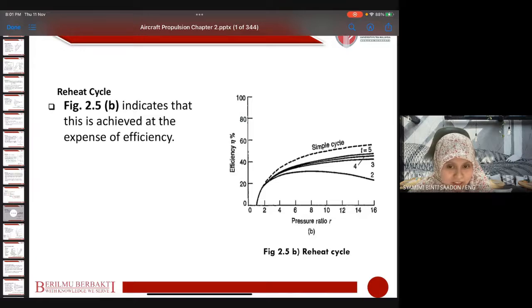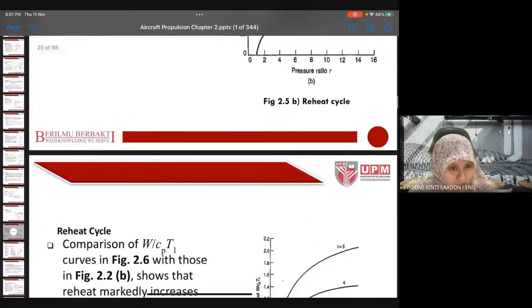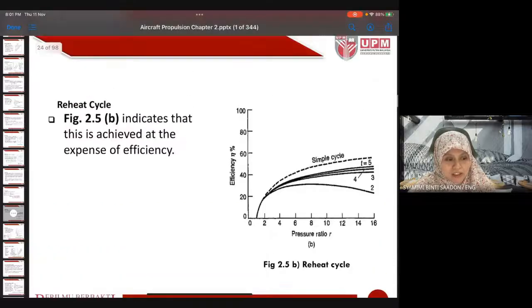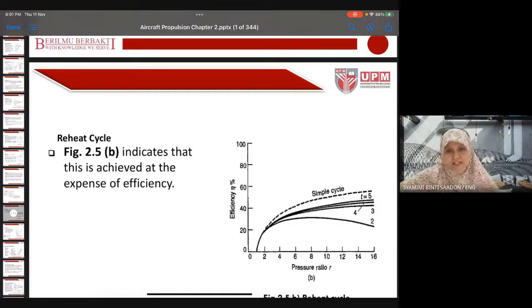Okay, the reheat cycle, the efficiency drops, because we reheat, which means we have to burn the fuel and the working fluid air at least twice. We burn it one more time, which means the heat being supplied is doubled.